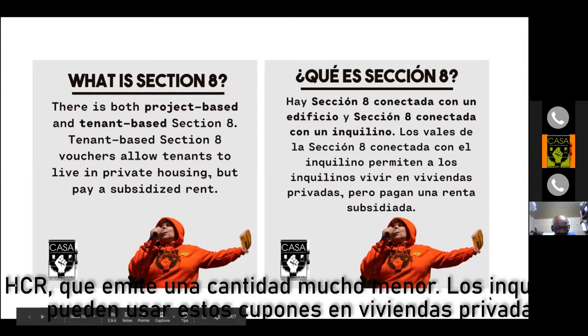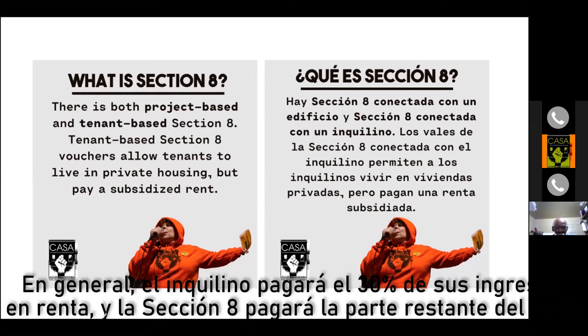Tenants are able to use their vouchers in private housing. Generally, the tenant will pay 30% of their income in rent, and Section 8 will pay the remaining part of the rent.